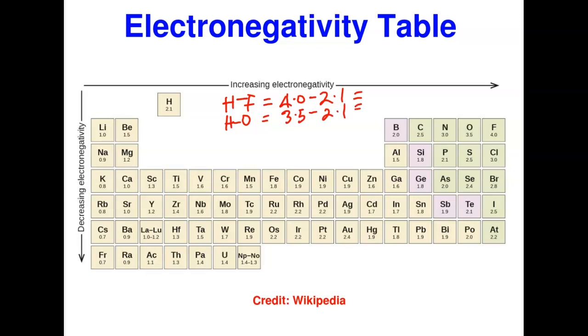And then nitrogen, HN, is going to be 3.0 minus 2.1. And if you do all this math very well, this is going to give you 1.9, this is going to give you 1.4, and this is going to give you about 0.9 as well.